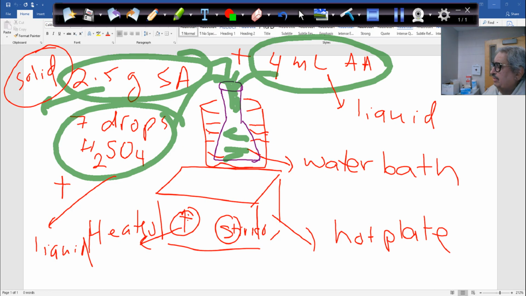When you are done with this, then you will have to do a vacuum filtration. A vacuum filtration will look like this. You have a Buchner funnel, a special funnel with holes inside it, which you hook to the water pump. You can do it on your bench, no problem.